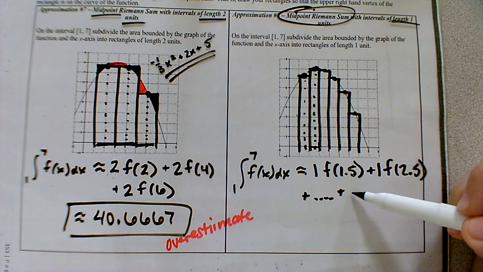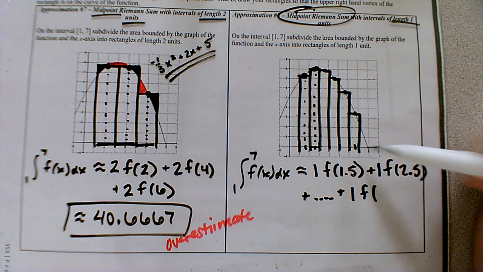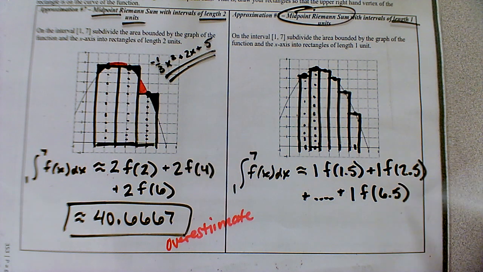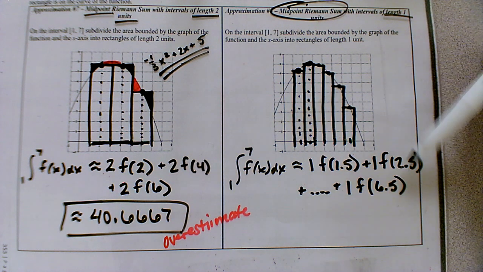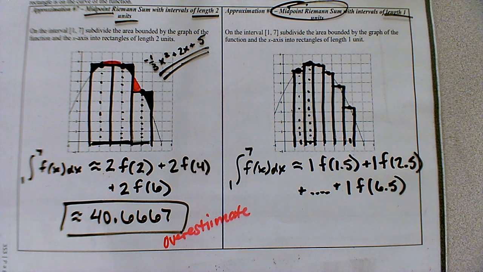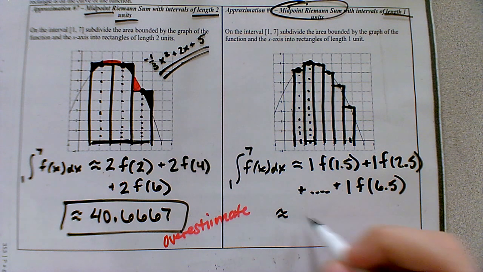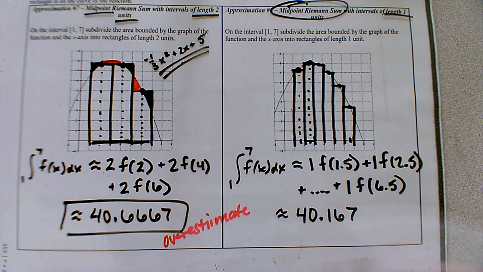The last rectangle, again, base of 1, and the height came from the middle of 6 and 7, so that would be 6.5. Now I'm pretty sure we have these values from a previous example, so if you have those numbers available, go ahead and use them. Maybe you need to calculate them on your calculator real quick, but in the end, we should get something like 40.167.